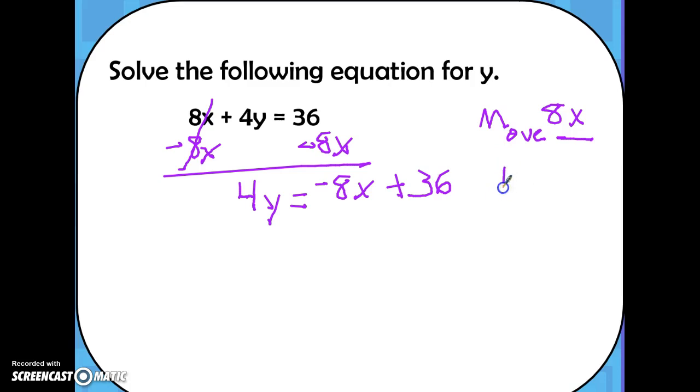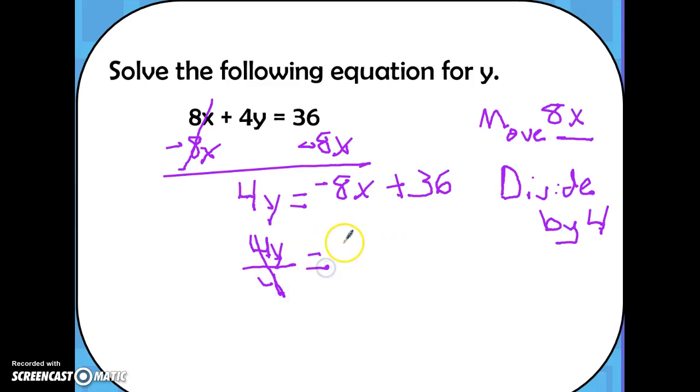The next thing we're doing in our steps is D for divide. And we're going to divide by 4 because we want to solve for y. So we have to get rid of 4. 4y divided by 4 will solve for y. And on the right side, we have to put each one of those terms over 4 as well. What you did to the left, you have to do to the right.